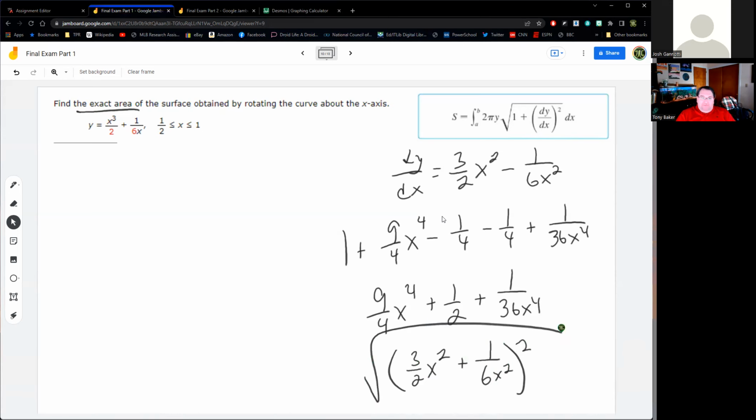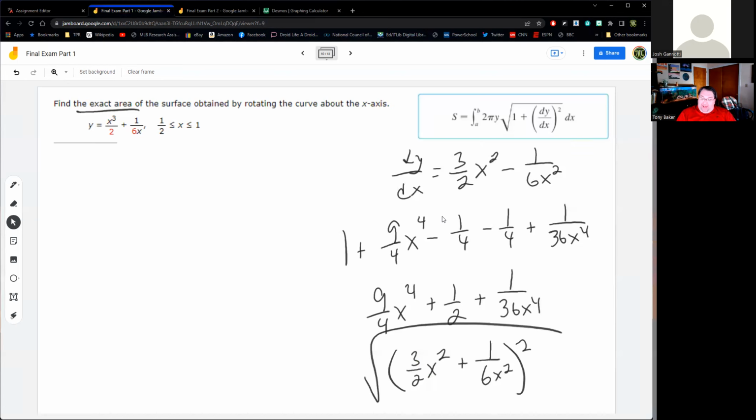If it's asking for the exact area, you have to be able to get rid of the square root. Otherwise, you're not going to be able to do the actual integration. So use the context clues in the problem to help you figure out what you're going to do. Because in life, you're probably just going to be able to use a calculator to get the values anyway, because even if you go out 4 or 5 places, you're probably going to be accurate enough for any application you're going to be doing.